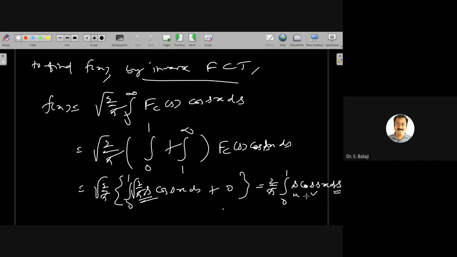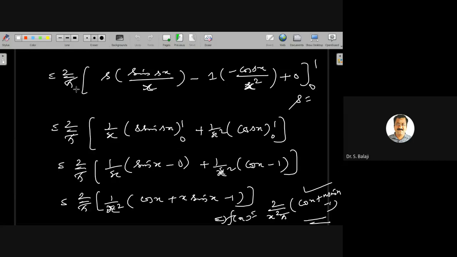Apply Bernoulli's formula, the u v method, with respect to s, which is very important. Taking s as u and cos sx as v, we get s times sin sx by x, minus the differentiation of s, which is 1, times the integration of cos sx, which is minus cos sx by x squared, from 0 to 1.